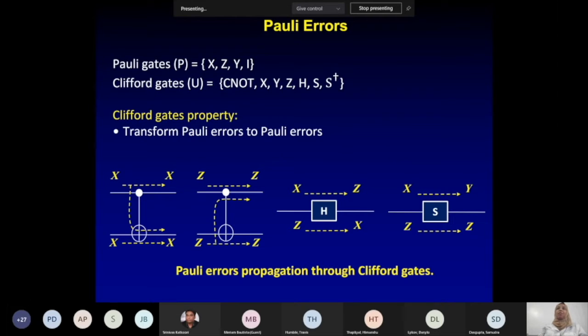What that means is that the Pauli error can propagate through the Clifford gate, and also the propagation path is guaranteed. And so you can see here some examples of how these Pauli errors can propagate through some of the Clifford gates.